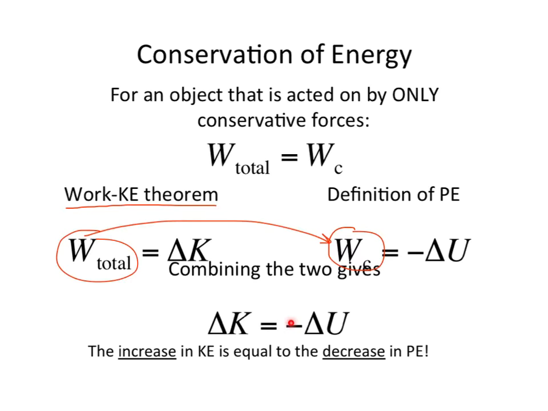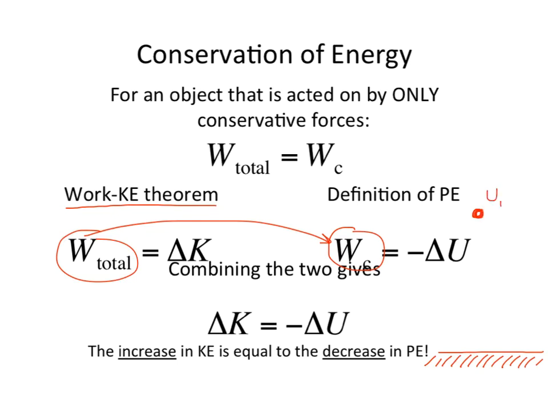One way to think about this is, I'm going to draw a line right here. This is the ground, and we have a ball some distance up in the air. So it has potential energy.